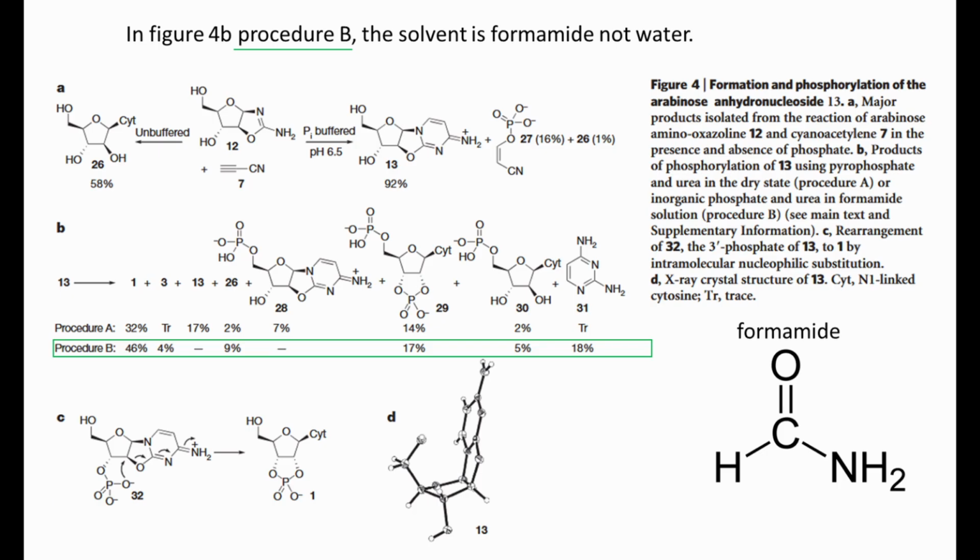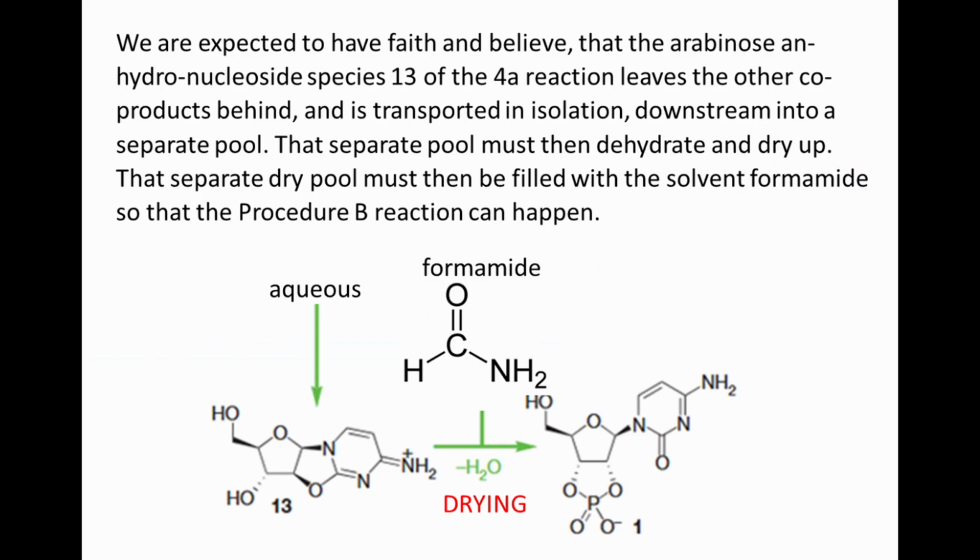In figure 4b procedure B, the solvent is formamide, not water. So, again, we are expected to have faith and believe that the arabinose anhydronucleoside species 13 of the 4a reaction leaves the other coproducts behind and is transported in isolation downstream into a separate pool.